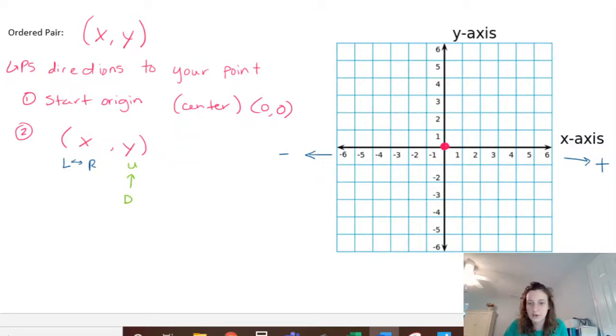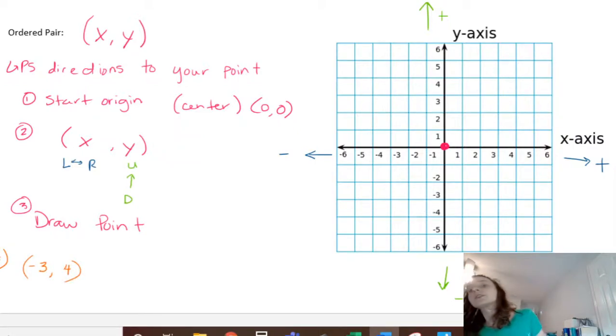Notice here, if you go down, these numbers are negative, and if you go up, these values are positive. Okay? And then the last step would just be to draw your point. Okay? Draw your point. So I can give you an example. So if we would like to plot the ordered pair, let's say -3 and 4.